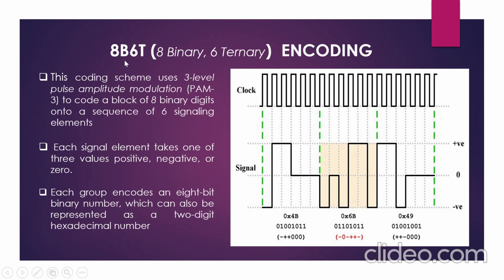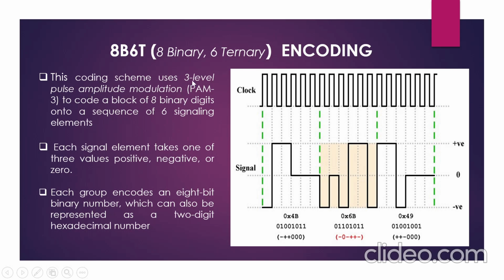Then there is 8B6T, that means 8 binary 6 ternary encoding. As you would have guessed, it is 8 binary digits and 6 ternary symbols involved in this case, as against the 2B1Q.